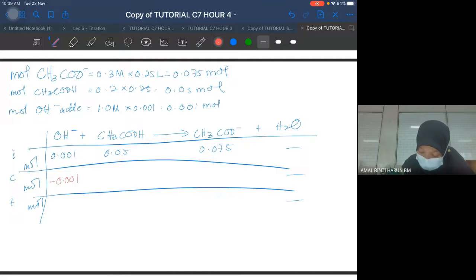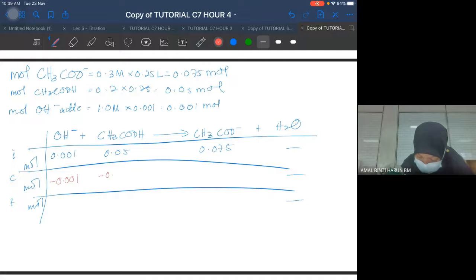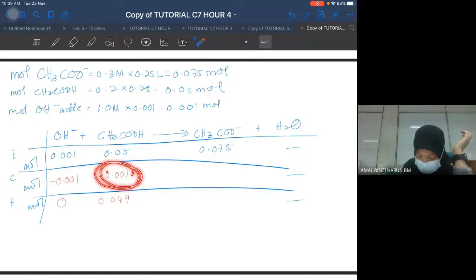So berapa banyak acid digunakan untuk neutralize this base added? Maksudnya amount banyak ni jugalah. So dia akan berkurang by 0.001. Okay. So at the end, OH minus telah habis. Okay. Dan acid tinggallah 0.049 kerana dah berkurang untuk neutralize this one.